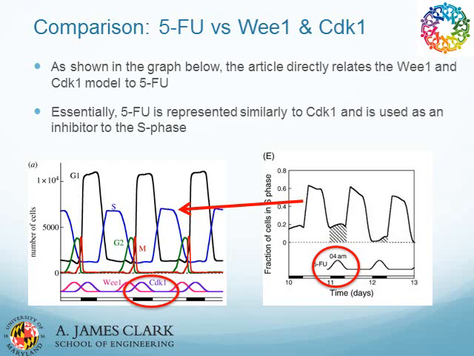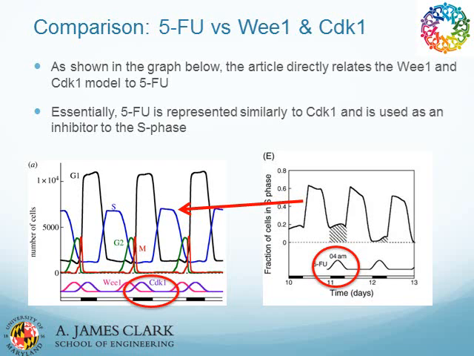So as shown in the graph below, the article directly relates the two, as I said. So you can see in the graph to the right, you have 5FU peaking at 4 a.m. for the S phase. And then as shown in the arrow to the left, this is from our reference article. You can see that the S phase is almost a mirror image of one another.